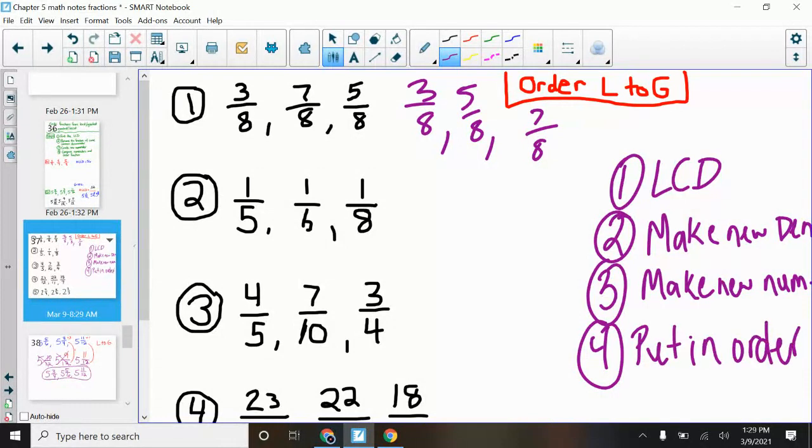So do that for number 3. Let me work it out and then you can come and show me. So least to greatest, right?